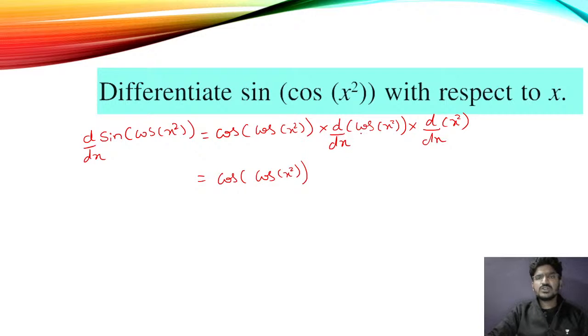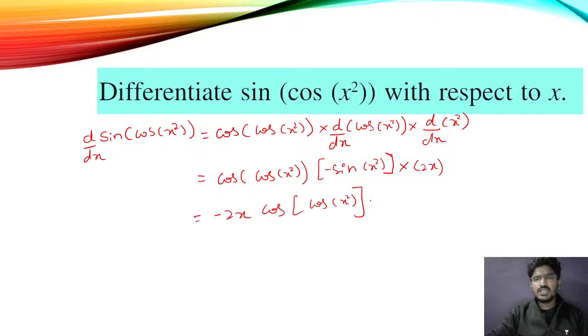Now differentiation of cos x square, that is nothing but minus sine of x square multiplied with differentiation of x square, which is 2x. So your answer will be minus 2x cos of cos x square multiplied with sine of x square.